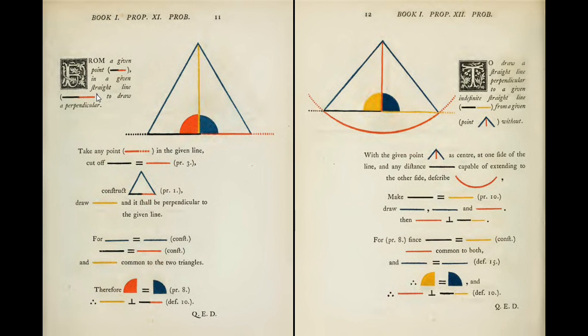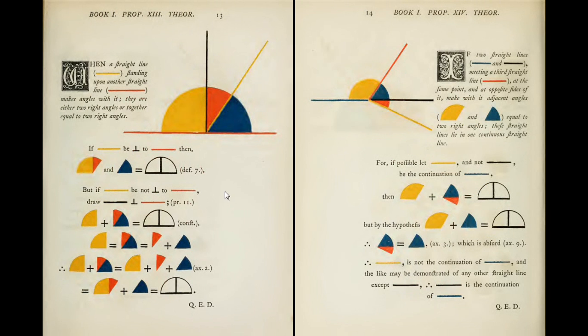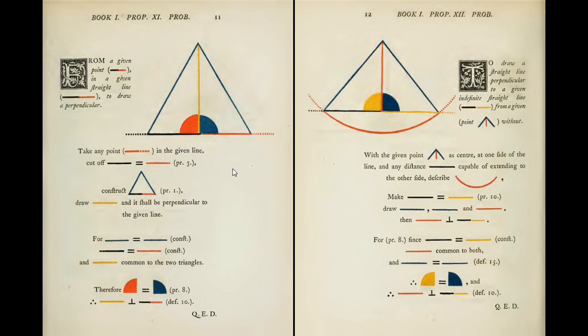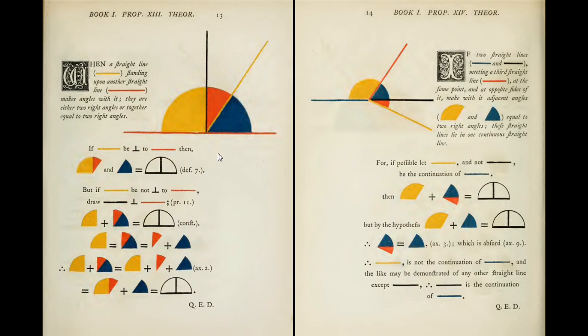Right, of course. That would be that we can do from any given point on any given line. We can draw a perpendicular line, and here it is.